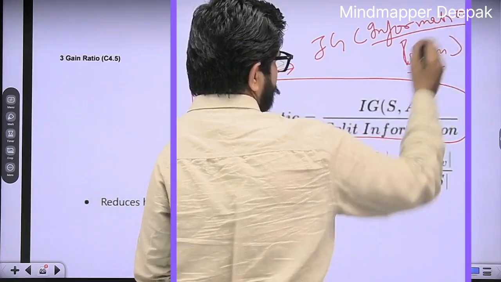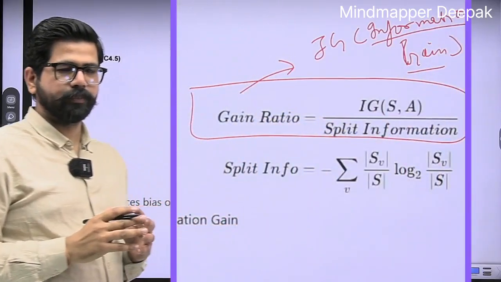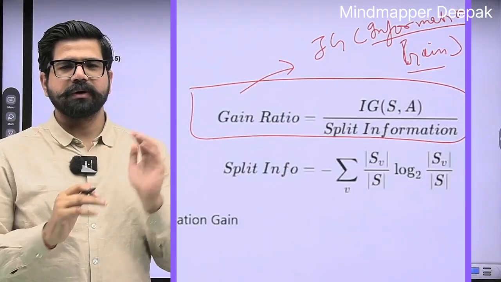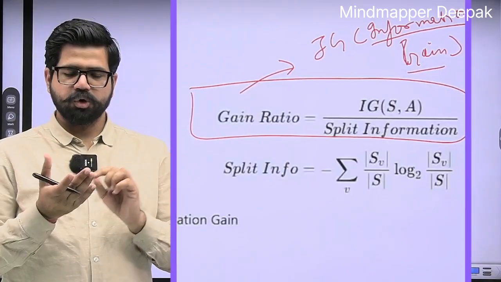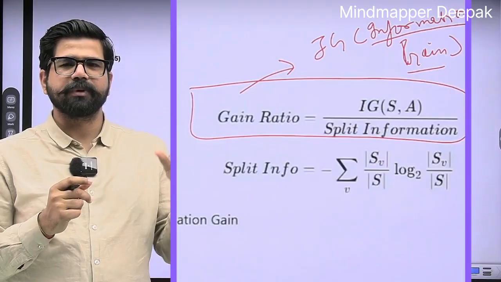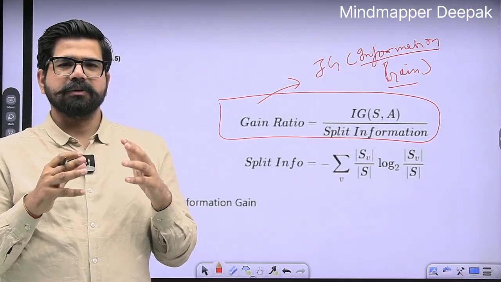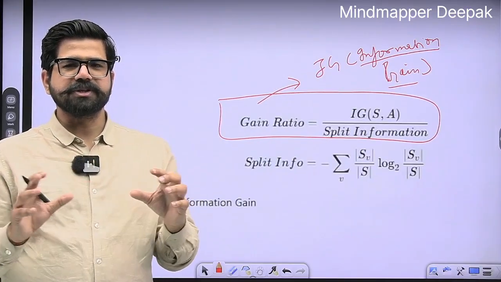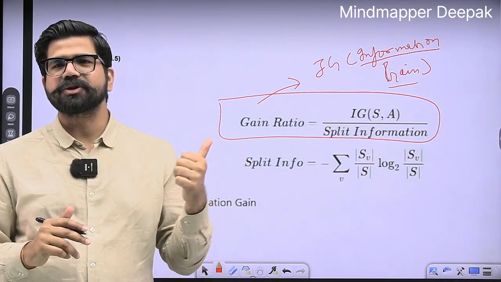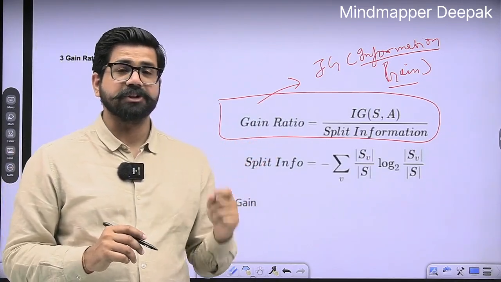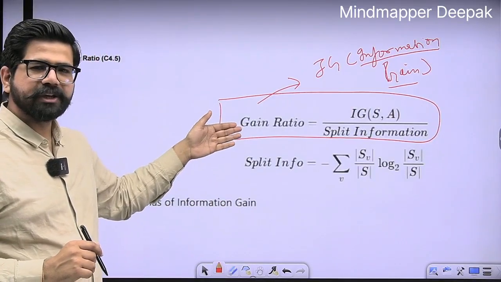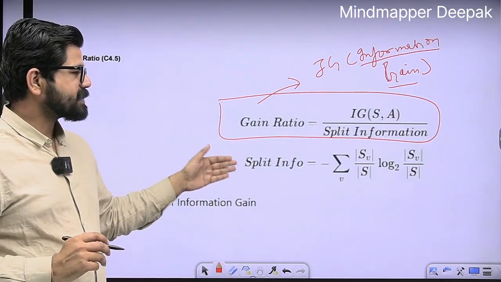It's a bit mathematical, which is why I told you to be focused and patient to understand the decision tree. The basic concept videos can explain what a decision tree is, but they cannot explain this mathematics. These are major important things with respect to your GATE examination. You must remember this formula: what is the information gain, what is the gain ratio, what is the split info.